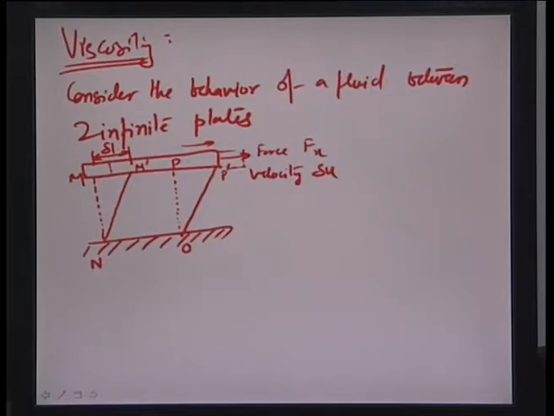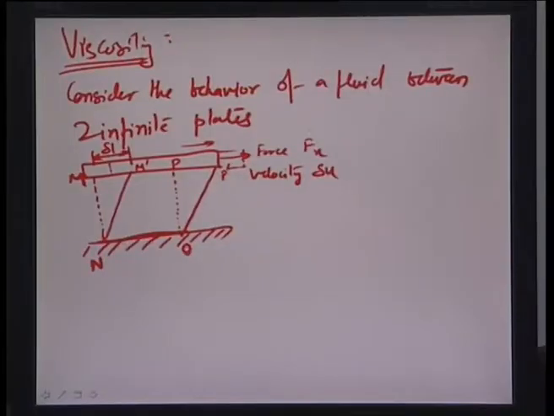So, as you may be already aware, this particular layer here at the bottom is static because the lower plate is fixed in nature, and so there is a zone of no slip which is formulated.